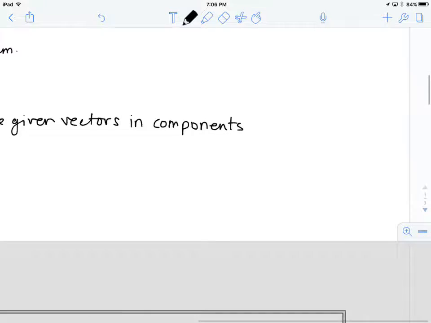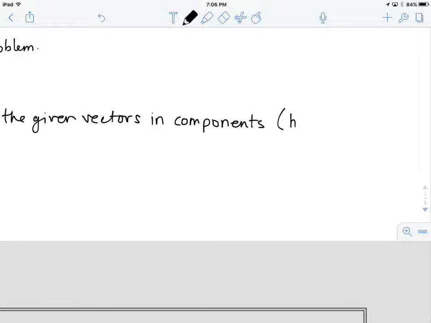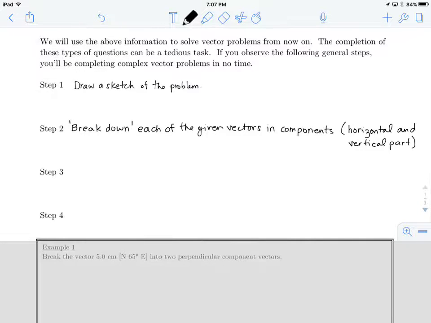Okay, and what I mean by components is horizontal and vertical parts. Okay, so any vector can be broken into its horizontal and vertical part. We're going to show you how to do that in a moment.